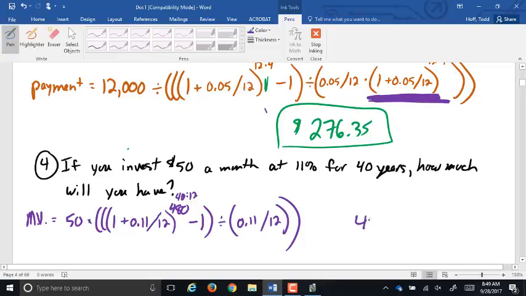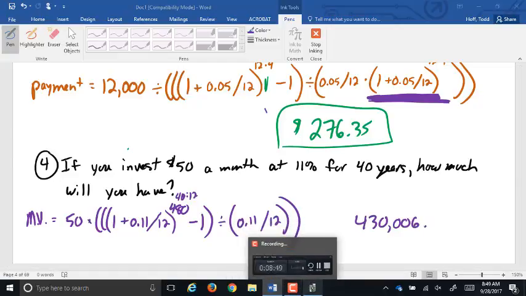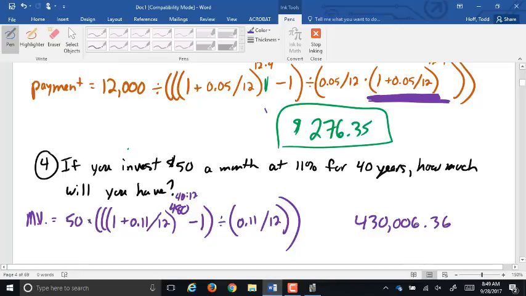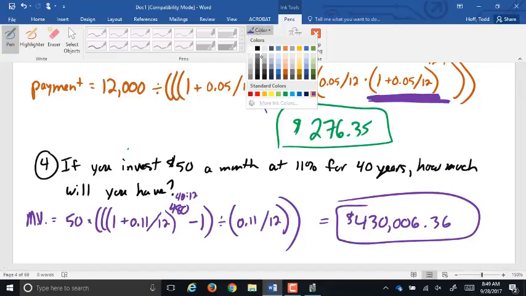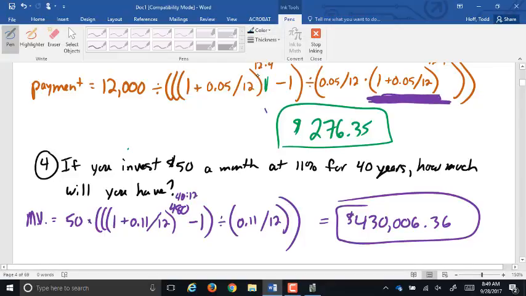$430,006.36. So $50 a month is $430,000 for 40 years. That's not bad. So 40 years, that would mean you started at like 25 or 27.